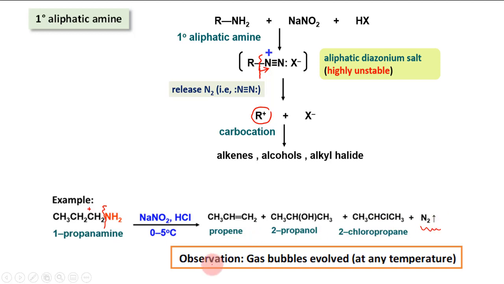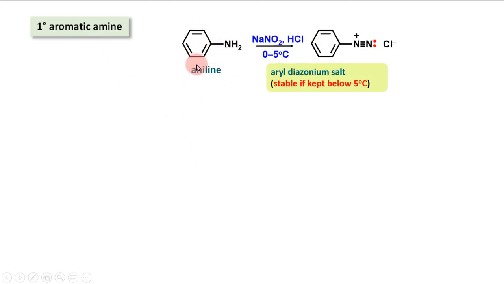And the observation for this chemical test, you are going to see gas bubbles evolve at any temperature. Because this diazonium salt is very unstable, at any temperature we are going to observe gas bubbles, which represent this nitrogen gas. And then for primary aromatic amine, for example, we have this aniline.